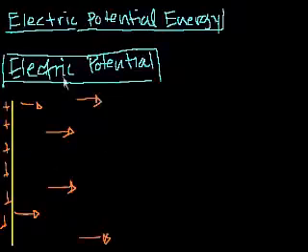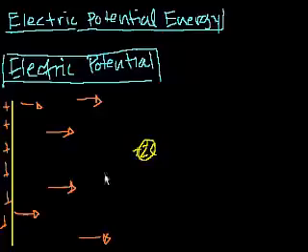So if I wanted to ask you, let's say I have a 1 coulomb charge. Actually, let me make it 2 coulombs just to hit the point home. Say I have a 2 coulomb charge right here, and it's positive.